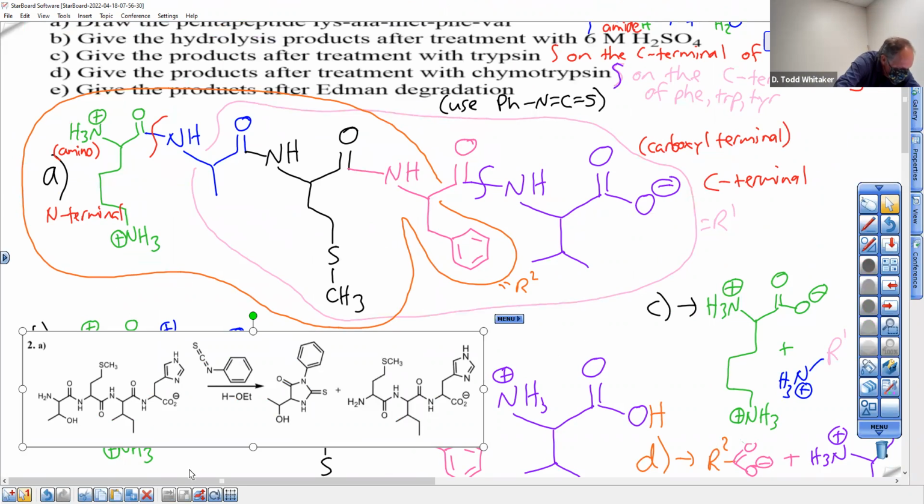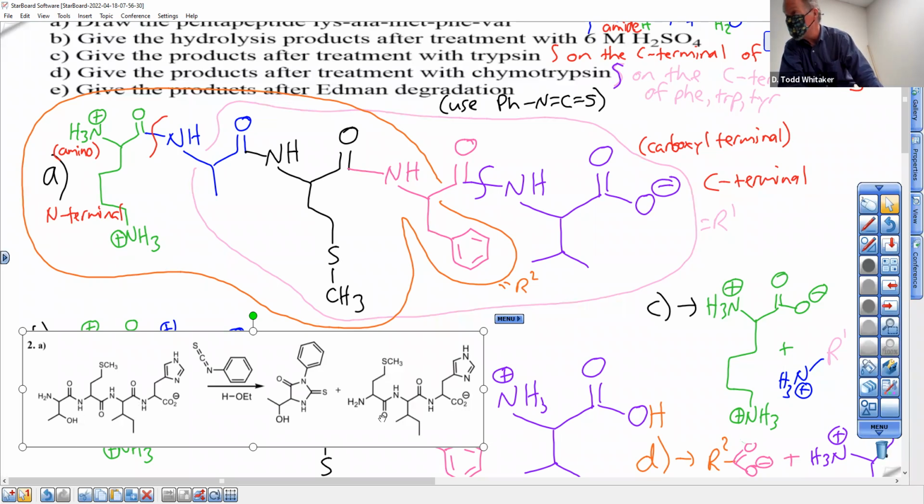So it looks like only the amino acid on the far left reacts, because that's what happens. It's the first amino acid in the sequence that reacts during the Edman, and that's it. And what happens to the rest of the protein? Well, everything from this nitrogen onwards is here. Copy, paste. Make sure the nitrogen is either an NH2 or an NH3+.